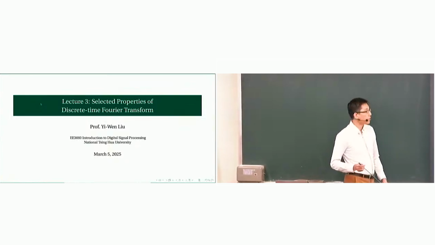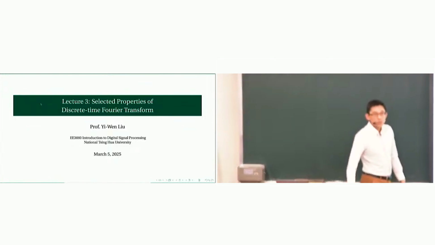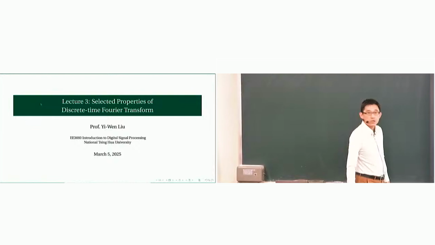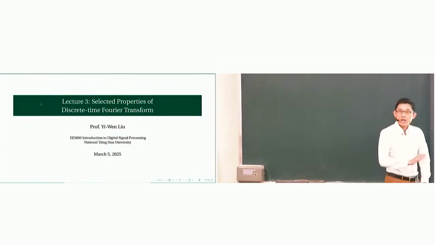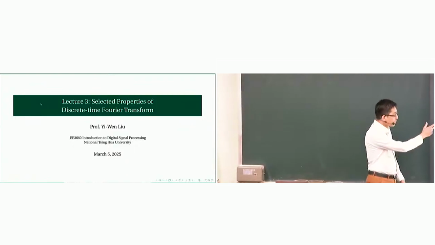So we are not going to, my intention is not to cover everything there in DTFT, but instead I choose to focus on just a few properties that I found most useful for the rest of the semester. So there will be a discussion on selected properties of the transform.